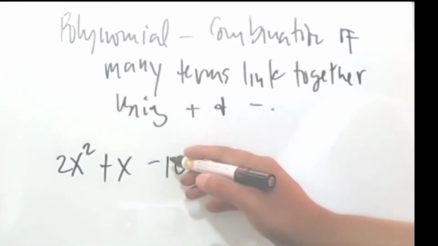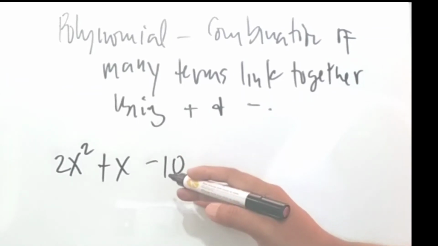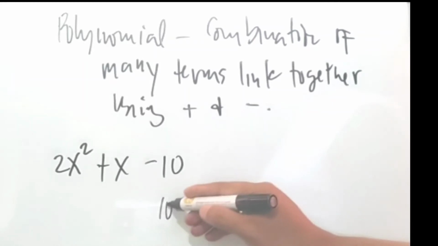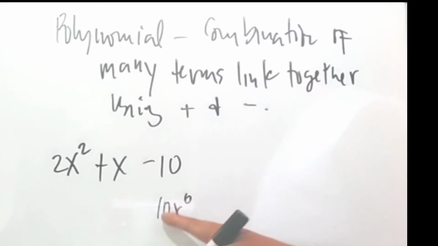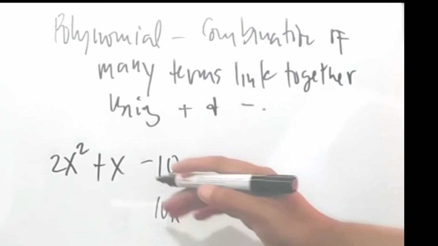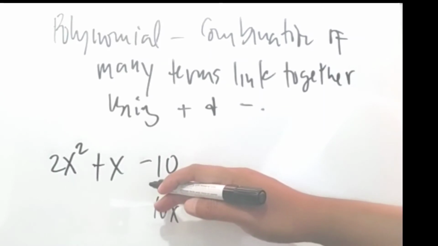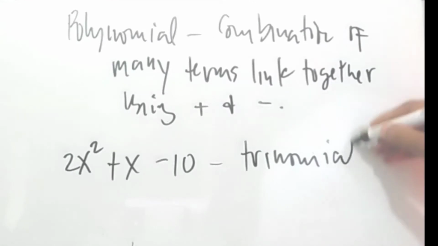In this part, this is just a number. The variable is being omitted because we can rewrite this as 10 x to the power of 0, but the variable to the power of 0 is equal to 1, so 10 times 1, so that is now only 10. Okay, so we call this a constant term. So we call this a trinomial.